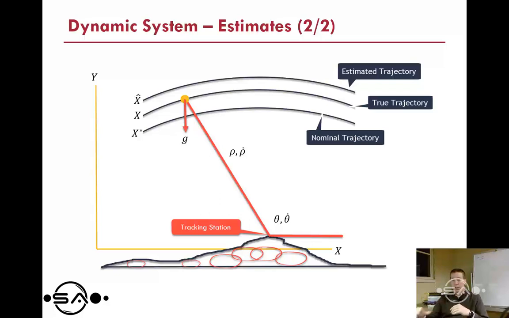As you look at the screen, you can also see the estimated trajectory, our best guess of where it actually is, the true trajectory where the satellite actually is, and the nominal trajectory of where the satellite should be. Now, you'll also notice that we include g, the gravitational acceleration, in this case as well, because that comes from our model.